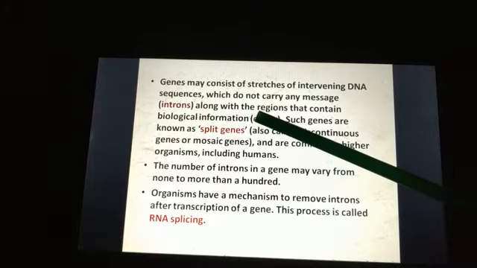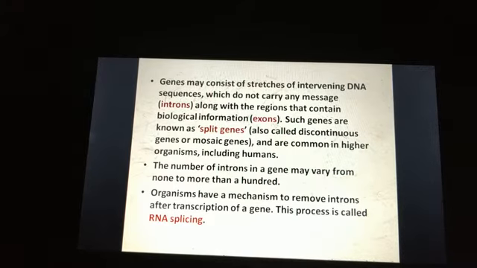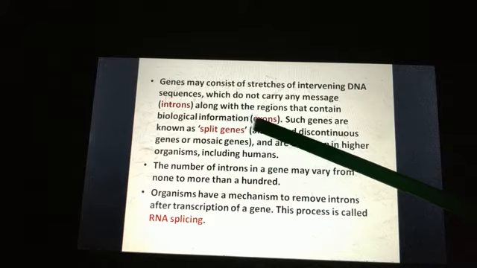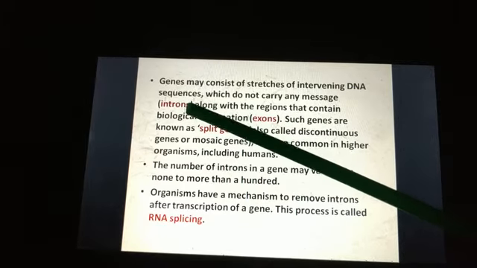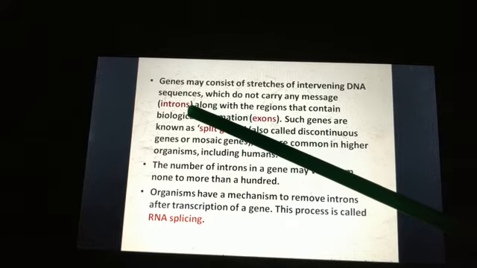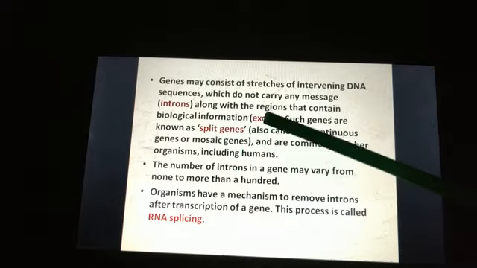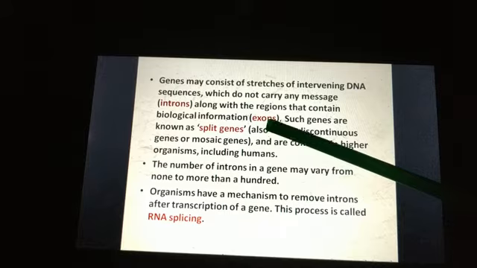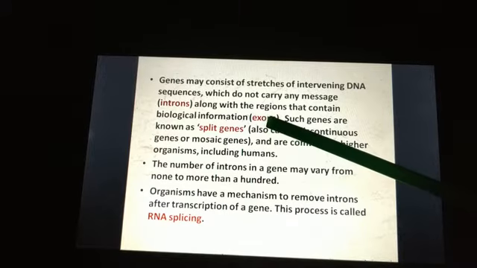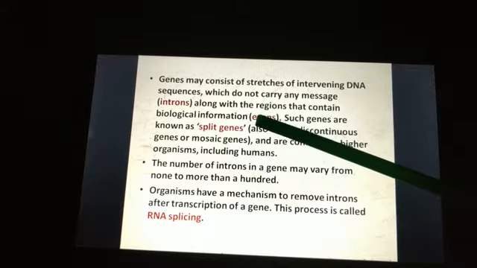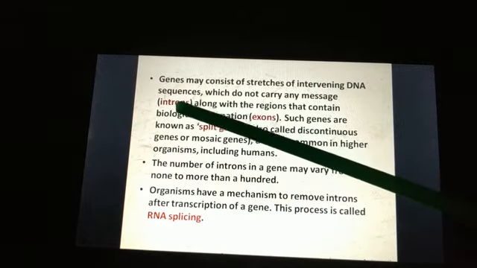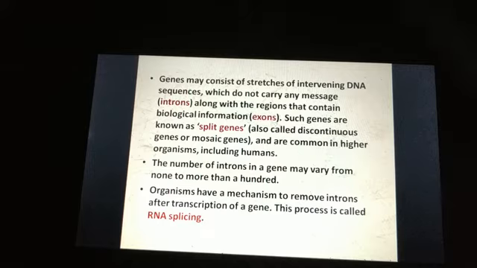Along with this, the regions that contain biological information are called exons. So introns do not code for anything, they do not carry any message, but exons code for a protein, so they contain the biological information.